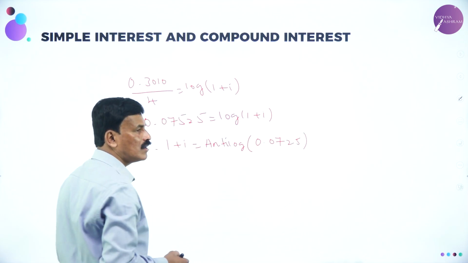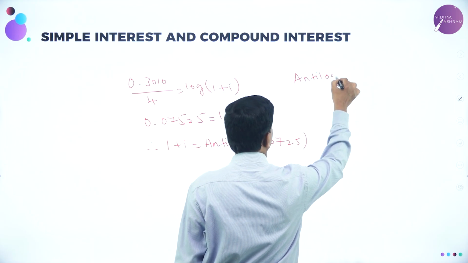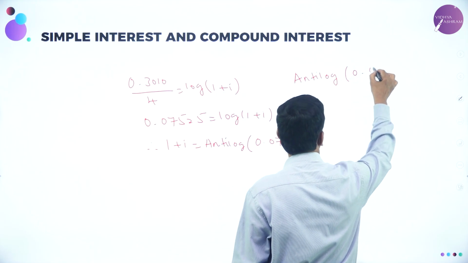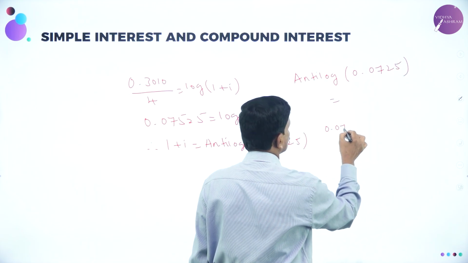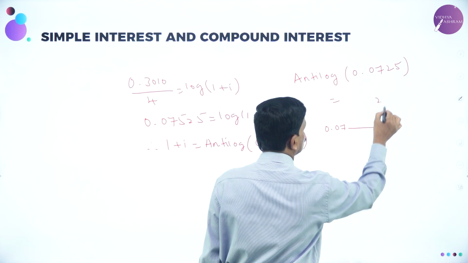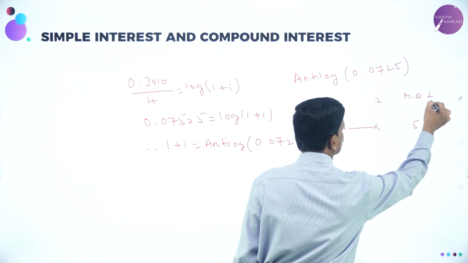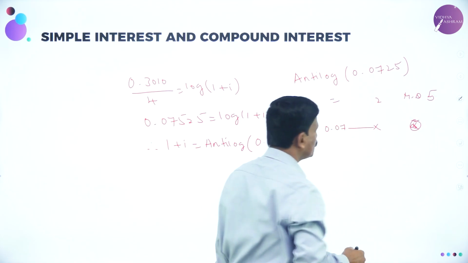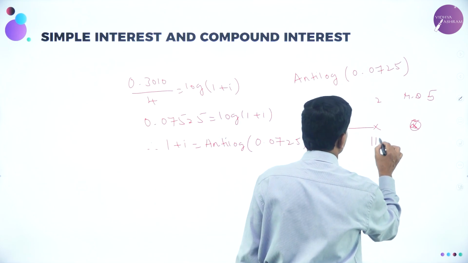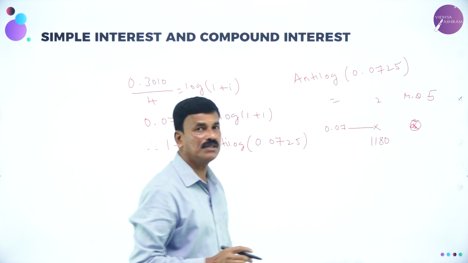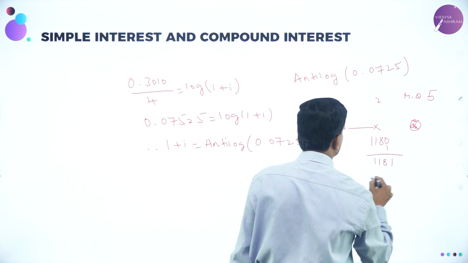Just take the anti-logarithm of this. Looking up 0.07 at row 2 gives 1180, and the mean difference for 5 is 1. So add 1 to get 1181.